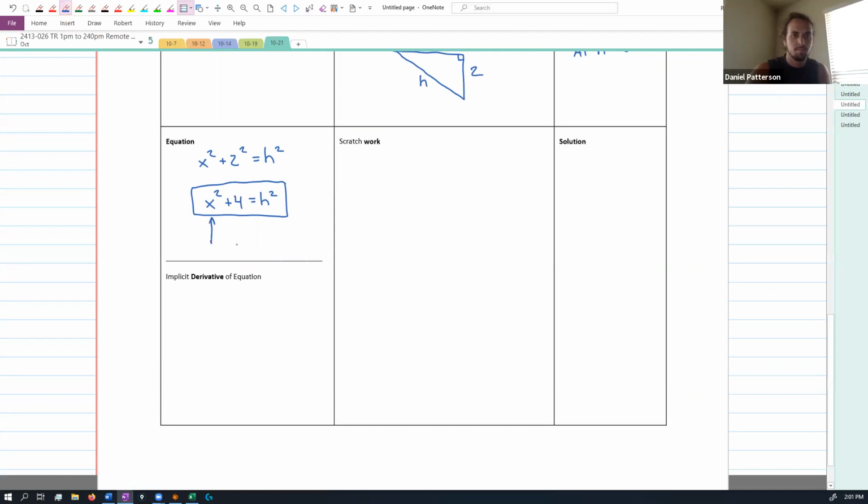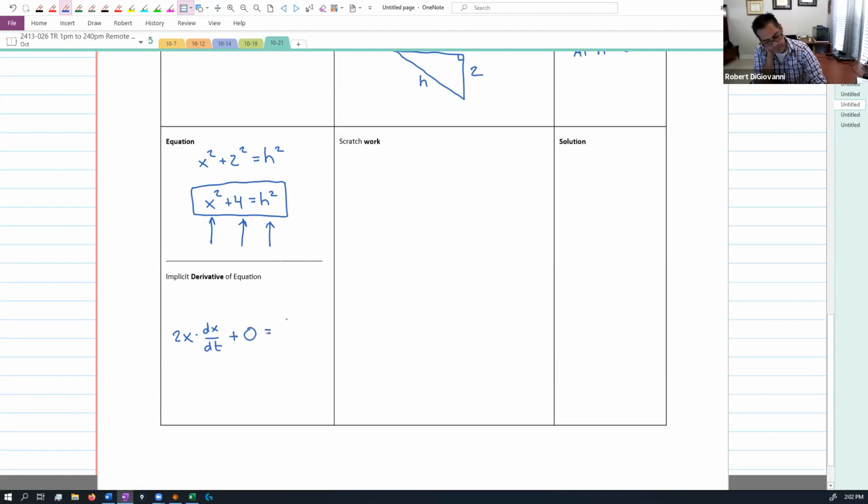You would do 2x multiplied by dx over dt. Yep, a constant would just be 0, and then equals 2h times dh over dt. There you go. There's our derivative. Implicit differentiation. We had to do chain rule on both the x squared and the h squared, of course, and the derivative of 4 is 0.